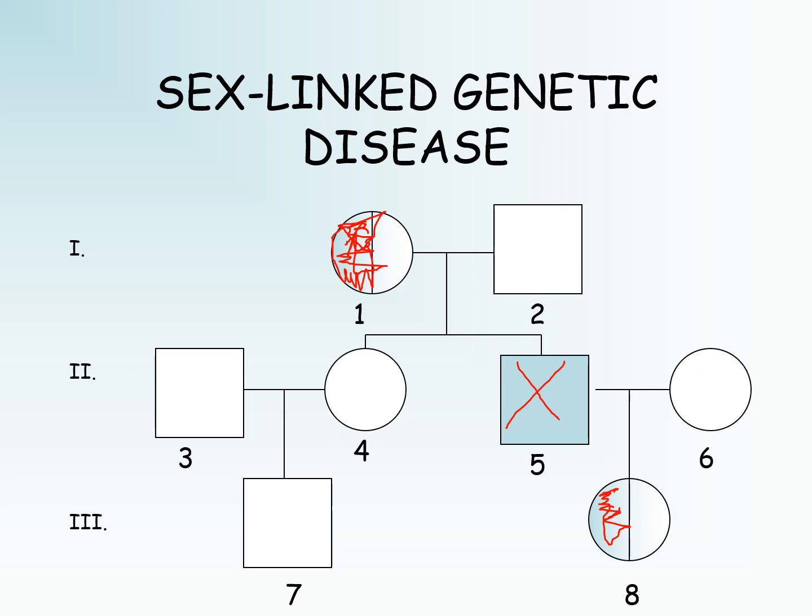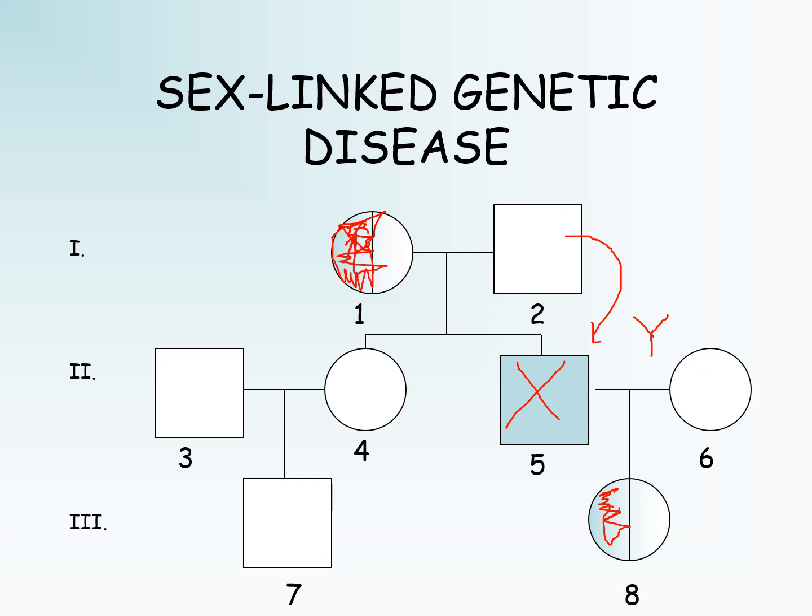So remember, with sex-linked traits, you're going to see most often these traits appear in males because males only have to receive 1 copy of the recessive allele on that X chromosome in order to get the disease. Remember, dad determines the trait. So for this kiddo right here, because he's male, dad can only give a Y chromosome.